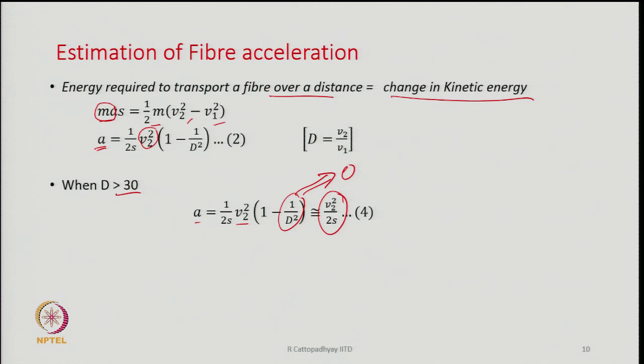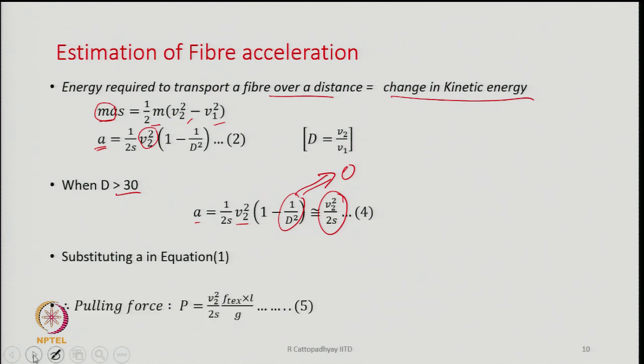So, A becomes V2 square by 2S. Substituting this value of A in equation 1, we can write the pulling force P as V2 square by 2S, that is basically A, times the mass of the fiber, m.